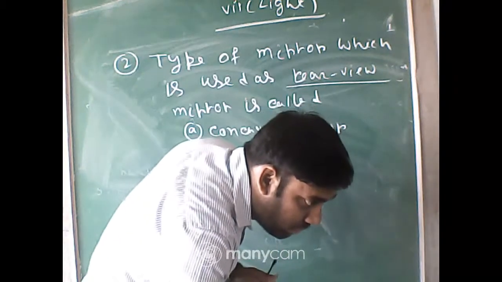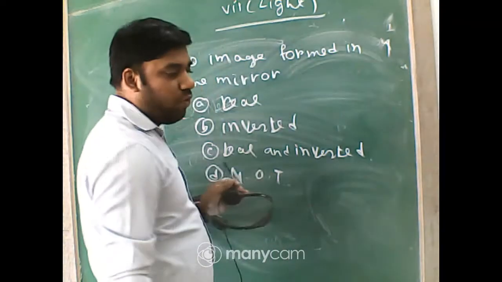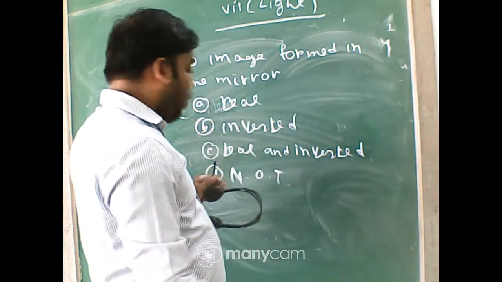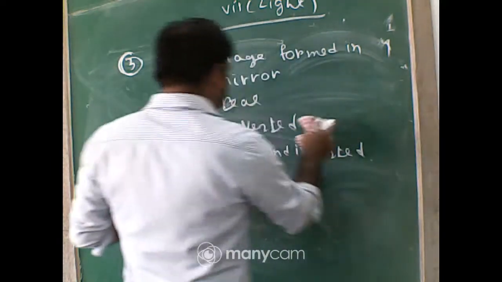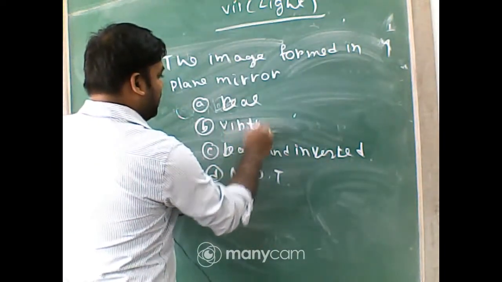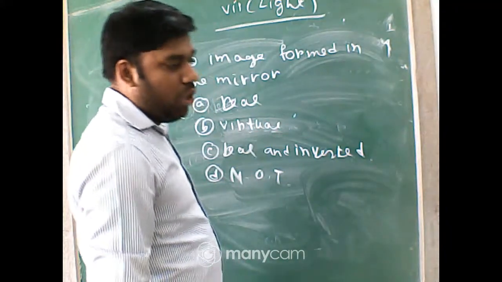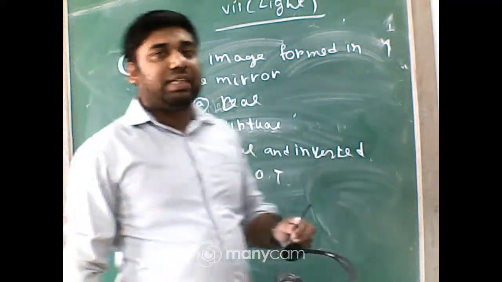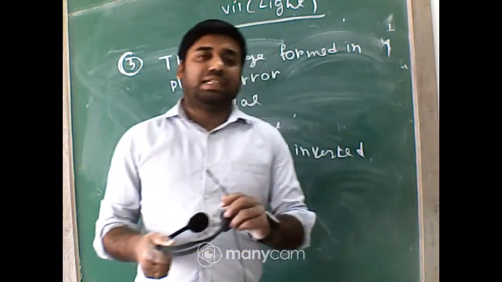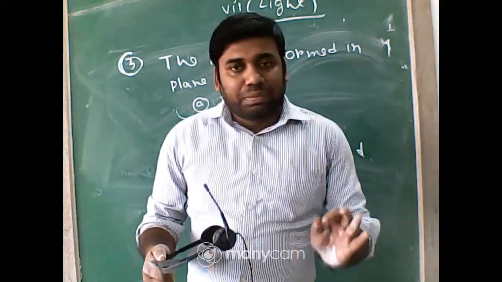Next question: the image formed by a plane mirror is: option A, real image; option B, inverted image; option C, virtual image; option D, real and inverted; option E, none of these. Students, in the context discussion I have told you that in a plane mirror a virtual image is formed.